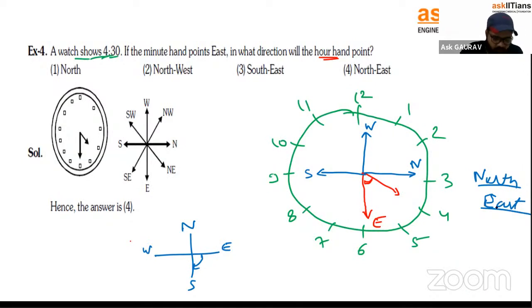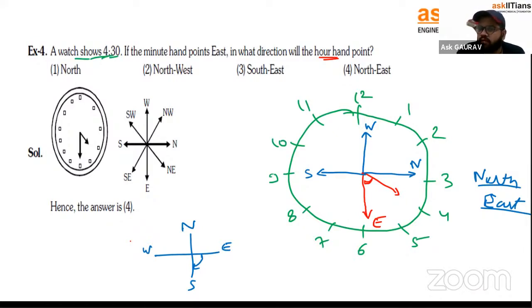Is it clear or not? In these types of questions, whatever the question is saying, first draw the diagram and understand carefully. It is saying that the minute hand is showing the direction of east.